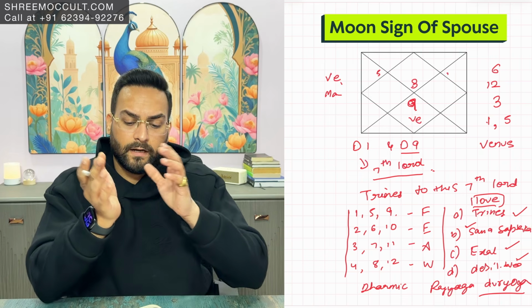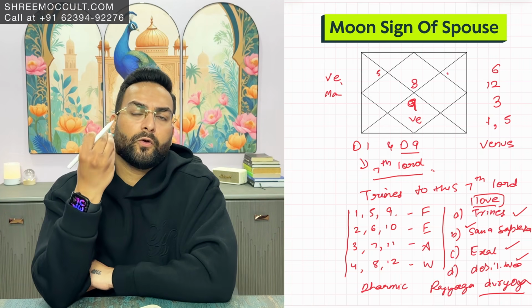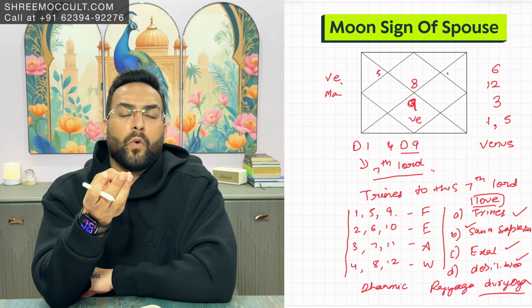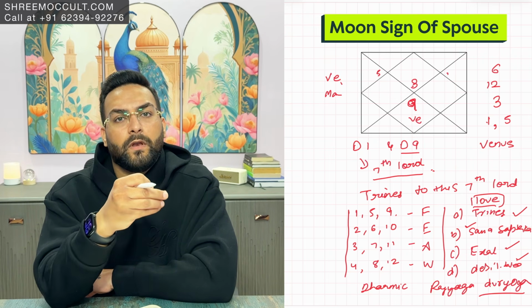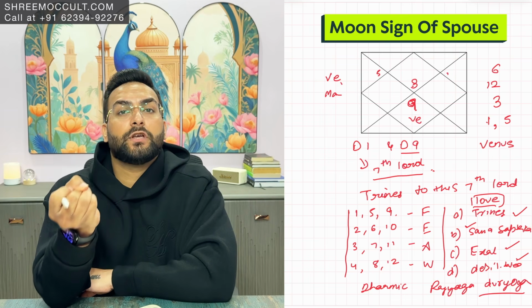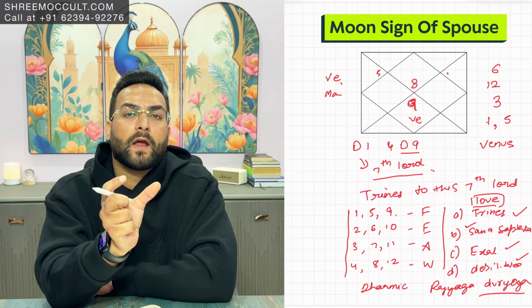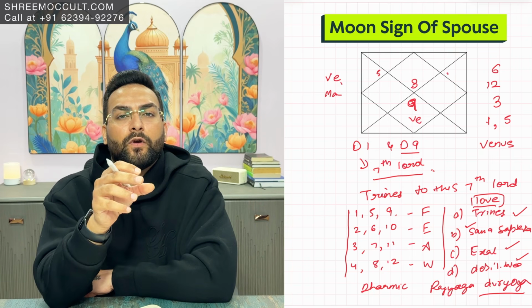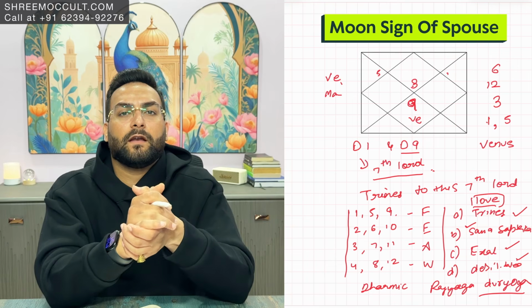So just put that application aside, and use this one also. Men can go to their D9 and check the trines to Venus. Then women have to go in D9 and check the position of Mars, trace down Mars and check the trines.